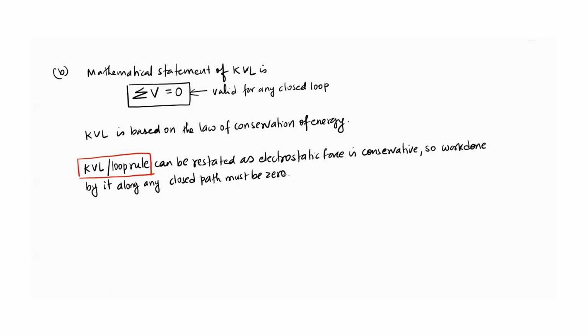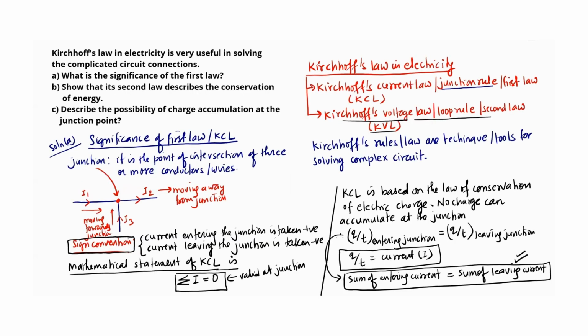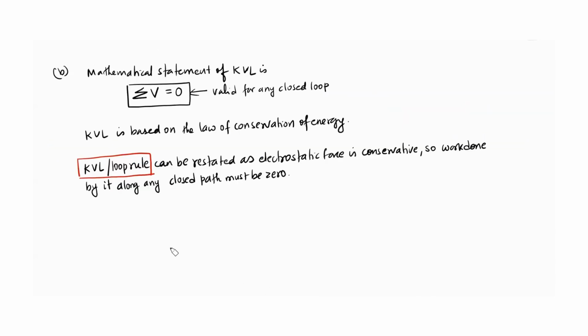Okay, now C, describe the possibility of charge accumulation at the junction. So again, we are coming to Kirchhoff's first law, that is KCL. Okay, now we need to justify this.